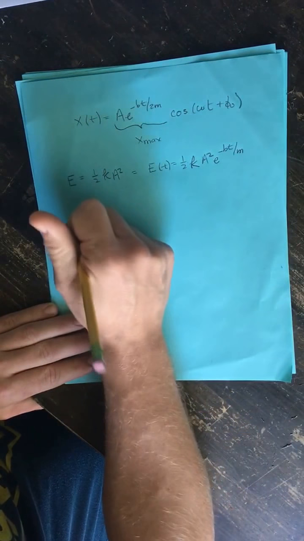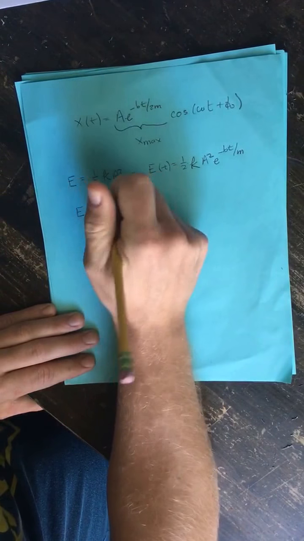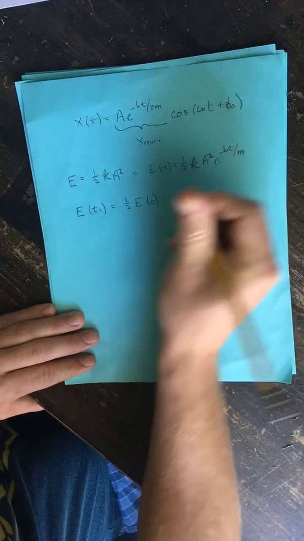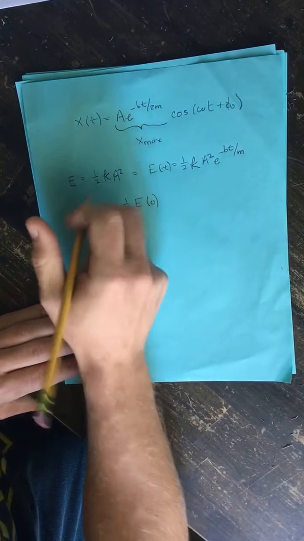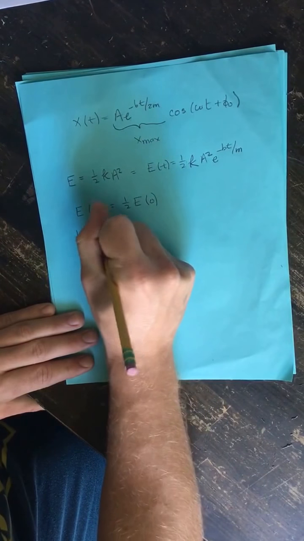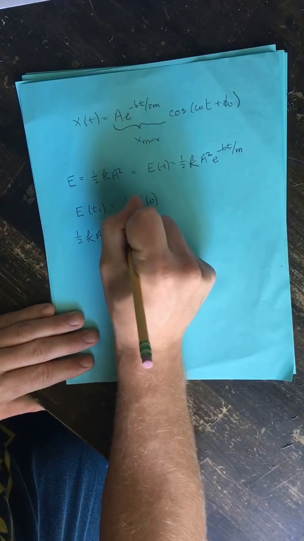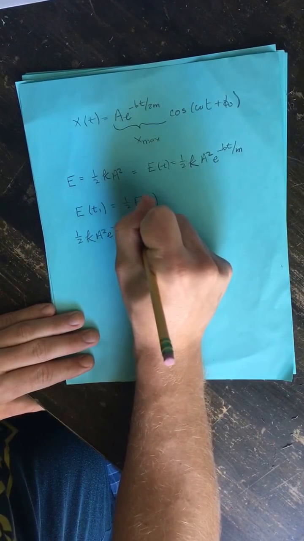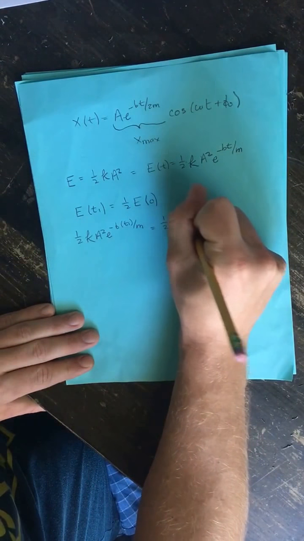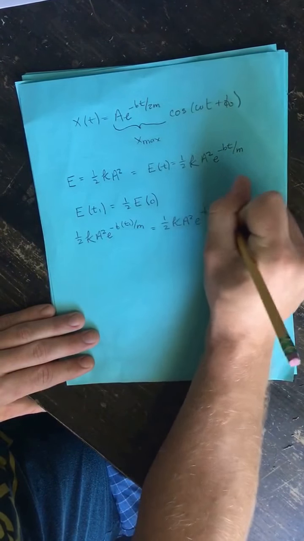So the fact that we're given says that the energy at 30 seconds, which I'm going to call t1, is equal to 1/2 the energy at time equals 0. So plugging that into this expression, on the left-hand side you get 1/2 times k times A squared times e to the minus b times t1 divided by m, is equal to 1/2 times k times A squared times e to the minus b times 0 over m.